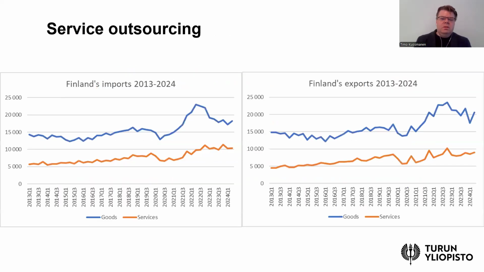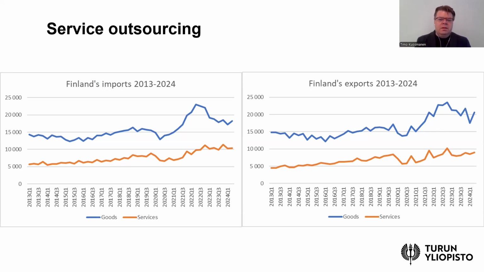Let me conclude this lesson by indicating another interesting trade pattern when considering Finland's imports and exports. This data is similarly taken from the Statistics Finland database. On the left-hand side we have quarterly imports, and on the right-hand side we have quarterly exports of Finland.